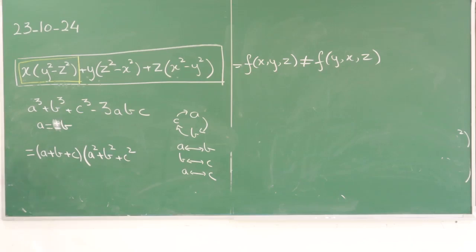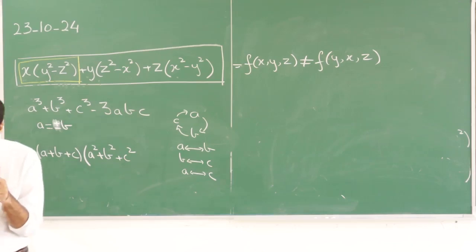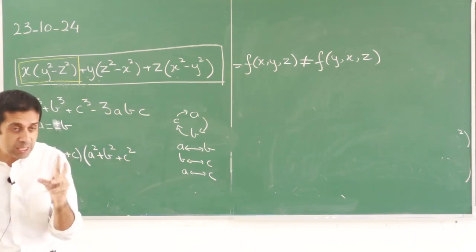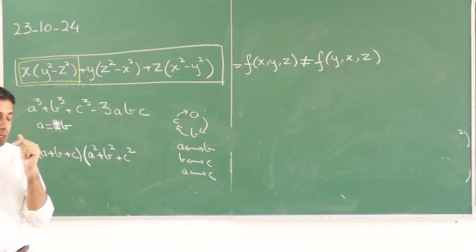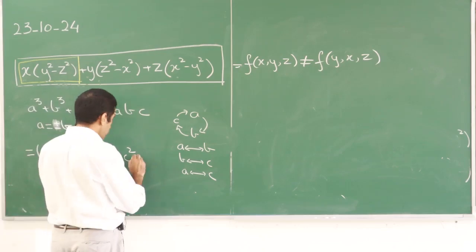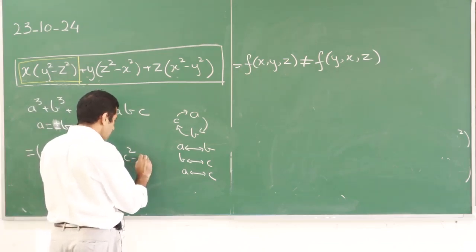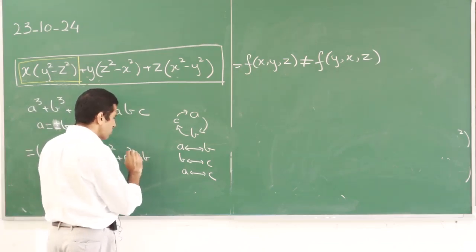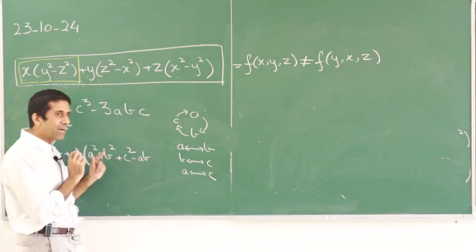But now you have generated a lot of mess that you have to cancel off, right? When you multiply it, you are going to generate a lot of terms that need to be cancelled. And then you have to figure out how to cancel those terms while maintaining the AB, BC, AC symmetry, right? So अगर मैं कोई term add करता हूँ, मुझे नहीं पता मुझे क्या term add करनी है, अगर मैं यहाँ पे AB term add करता हूँ तो what will I need to add also?